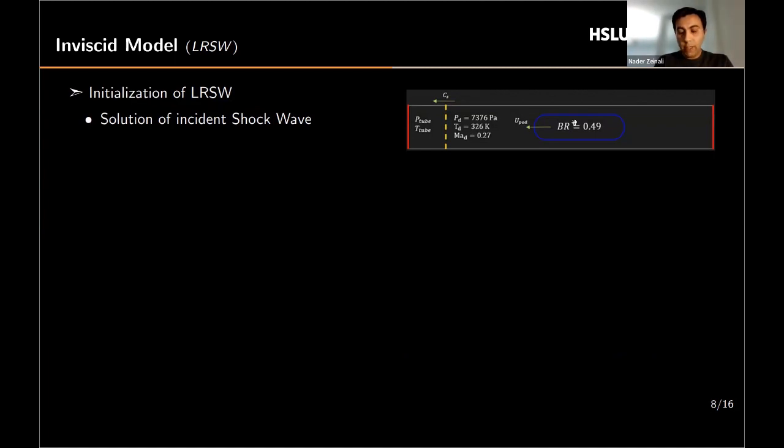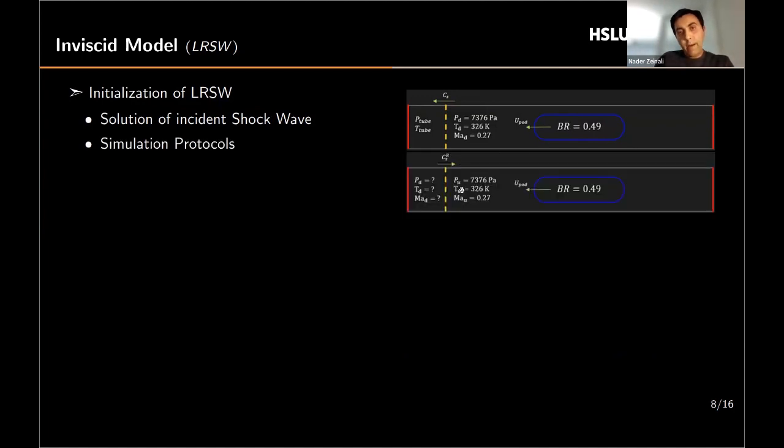Now, since we have the solution of the incident shock wave, we can consider how to initialize the reflection shock wave. If we look at the scenario where the shock hits the pod, the tube end wall, and is reflected back, the downstream of the shock wave is unknown. This is the point where we use the simulation protocol to find these properties at the downstream of the shock wave. The first thing that we use is that the end wall acts like a 100% blockage ratio, which enables us to use the piston analogy and all those formulas.